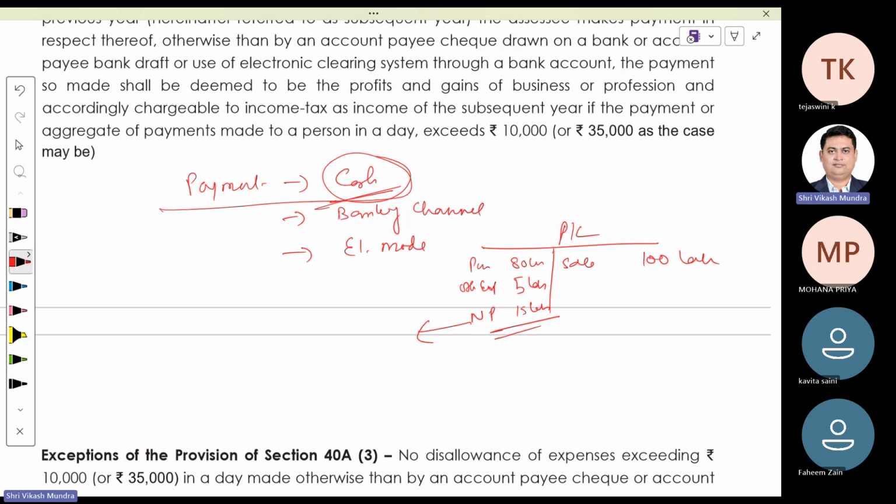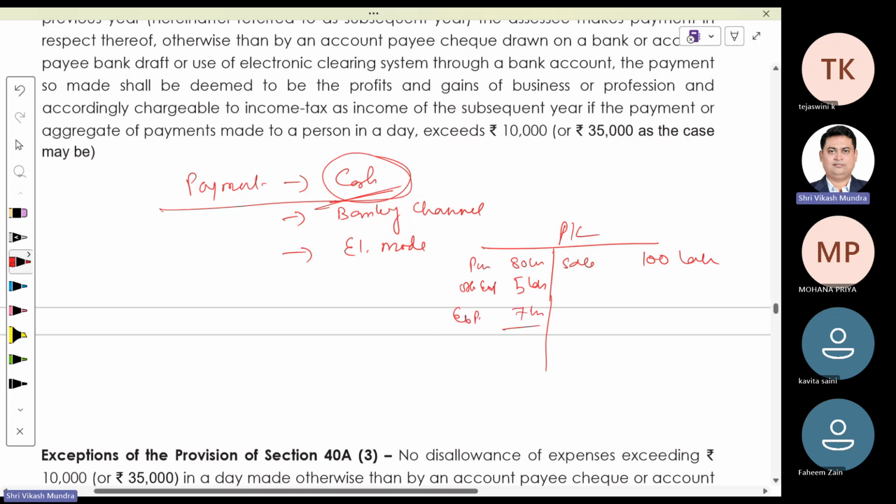How could I increase my expenditure? On his suggestion, what did I do? I increased my expenditure, which the real one is 5 lakh, but I introduced some dummy expenditure, some false expenditure amounting to say rupees 7 lakh.